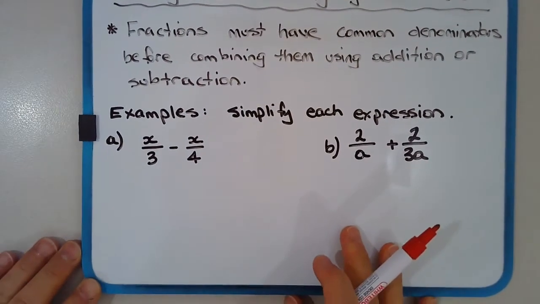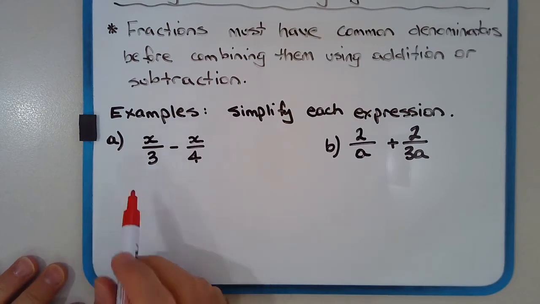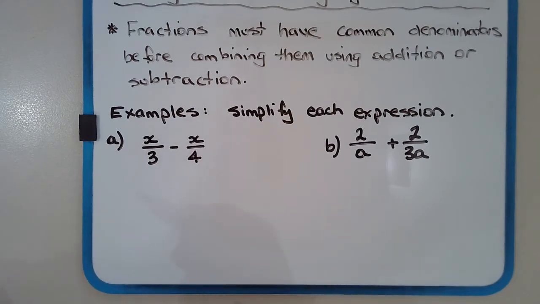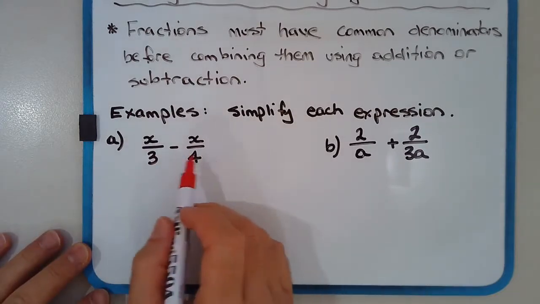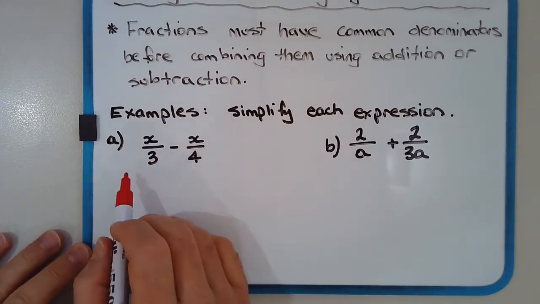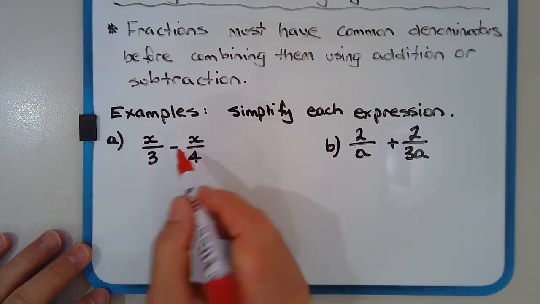Okay, so the first one, x over 3 minus x over 4. Denominators need to be common before we can proceed any further. And the way we could do that is you just multiply each fraction by the denominator of the other. So with the second fraction, we can multiply the numerator and denominator by the 3.